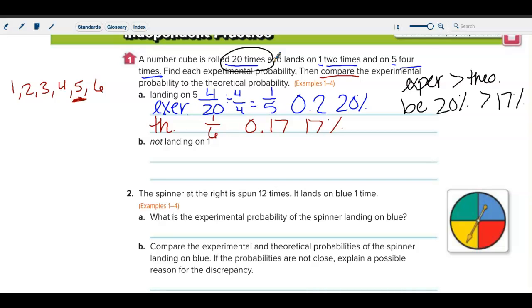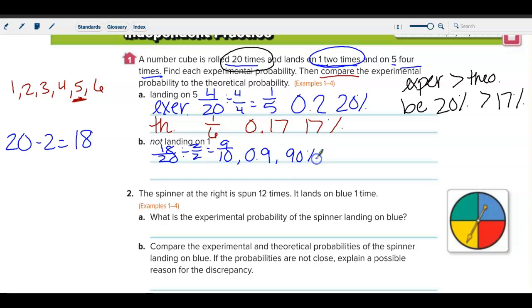Got It B says not landing on 1. Okay, so in our experiment, it says that we landed on 1 2 times. So if we landed on 1 2 times, we didn't land on 1 18 times. So then we would have 18 over 20, which can be reduced by 2, and we would get 9 over 10, which is the same as 90%.